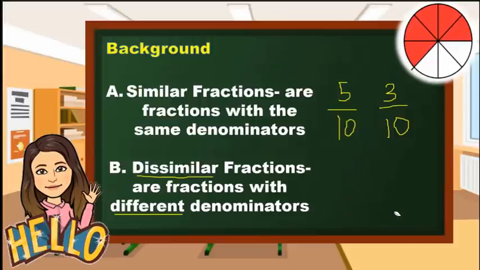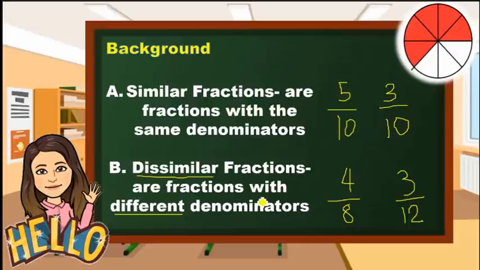So let's have another example. We have here 4/8 and 3/12. So 4/8 and 3/12 have different denominators.